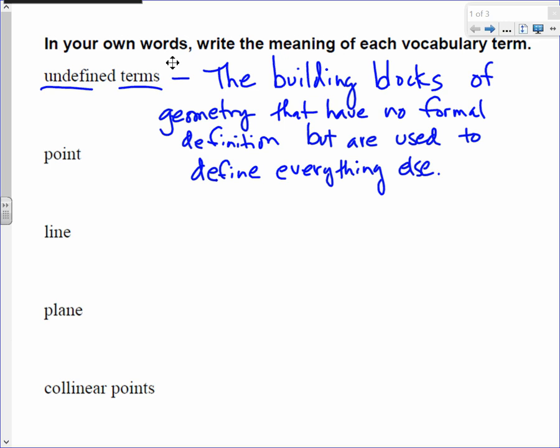They don't have formal definitions. They're like our starting point ideas that we use to define everything else. It's very philosophical.